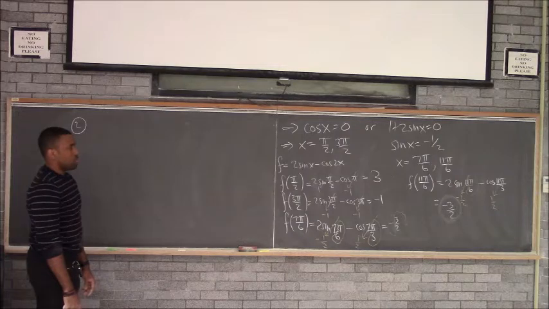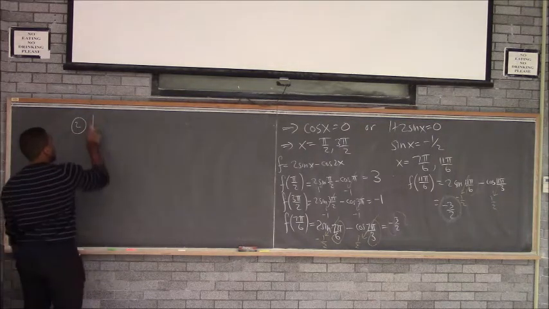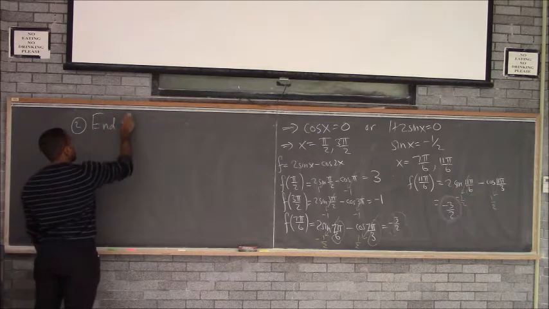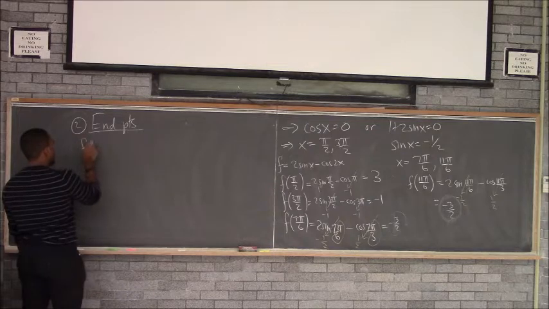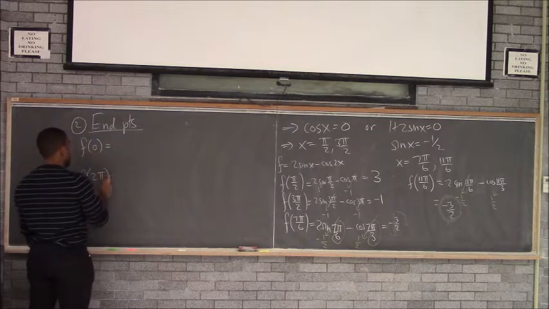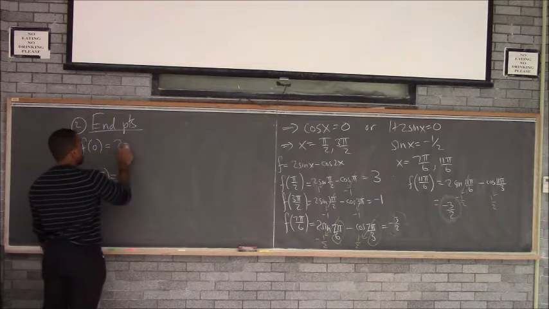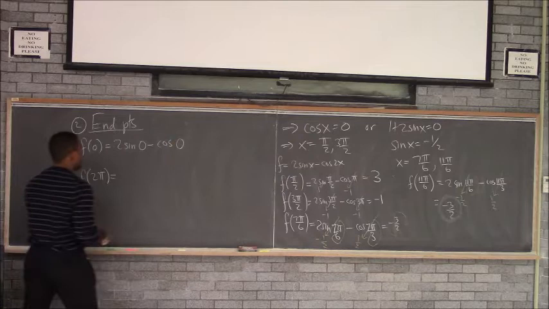So we found the critical points, we evaluated it. Next step is to check the endpoints. The endpoints were 0 and 2 pi, so I want f of 0 and f of 2 pi. This is going to be 2 sine of 0 minus cosine of 0.